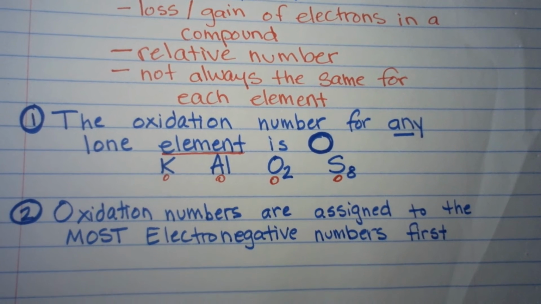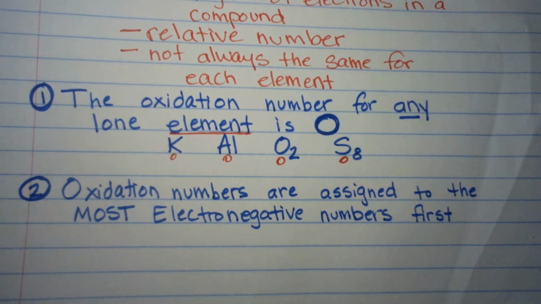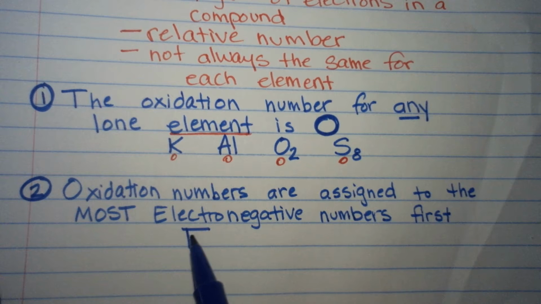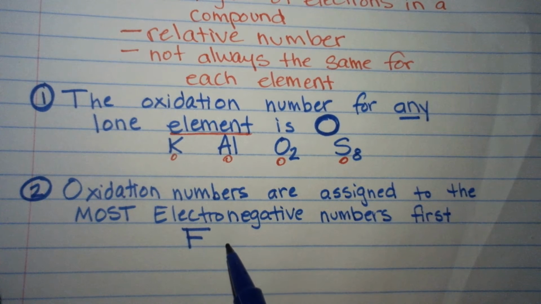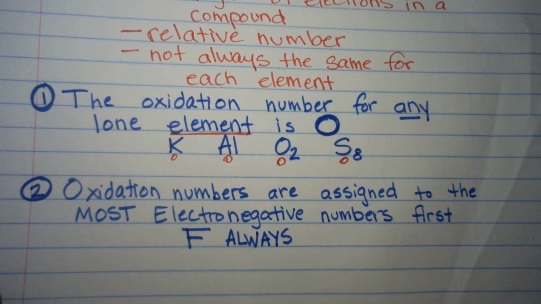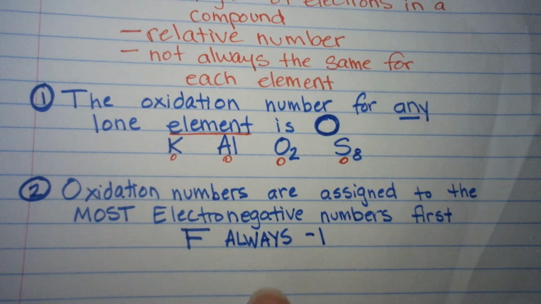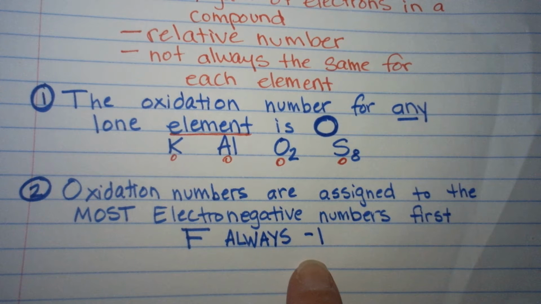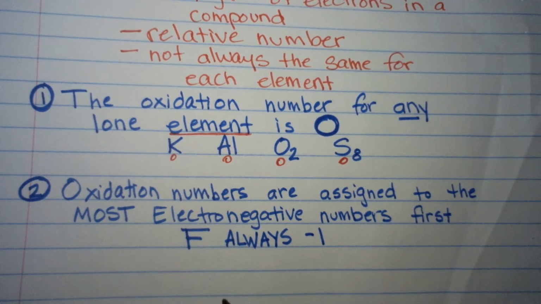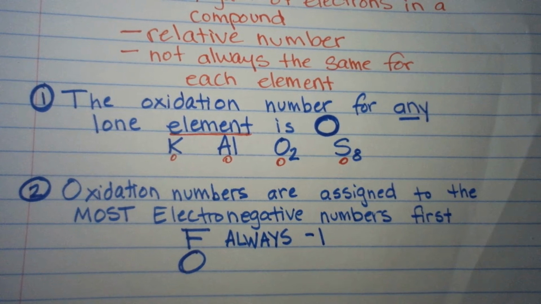What that means is that the most electronegative elements are going to more regularly have the same oxidation number. For instance, fluorine is always, and that's a big word in science, always -1, because it is the most electronegative. Oxygen is also very highly electronegative.